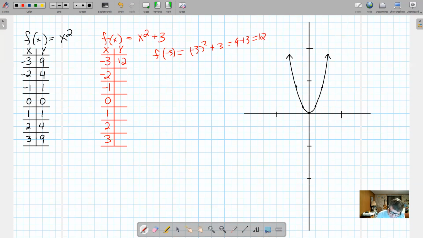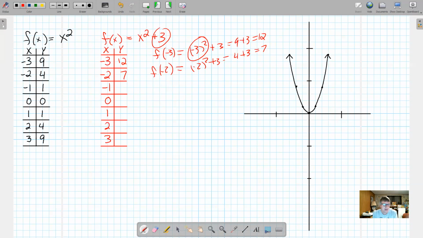So notice the first part was just like f of x equals x squared, but then we added 3 because of this term. All right, f of -2 would be -2 squared plus 3, which is 4 plus 3, which is 7.